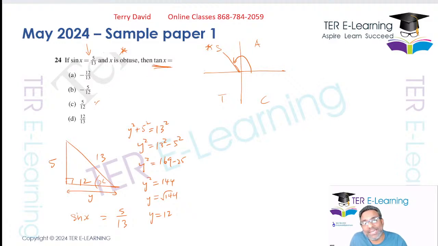That eliminates this one. If we use our triangle and you want to get tan x, it is going to be opposite over adjacent. So it's going to be 5 over 12, but we know it has to be negative. So the answer is going to be B. Some of you are getting it correct, which is great.